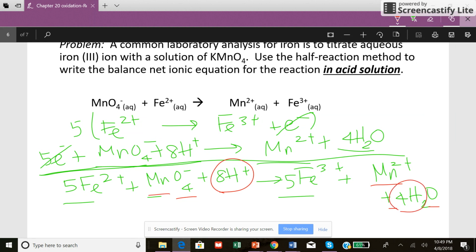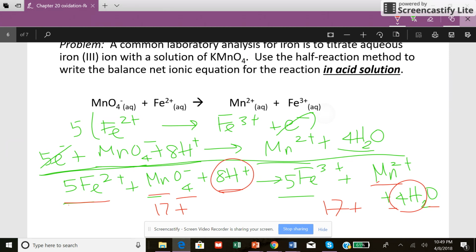Let's check the charge on this side. You have a total of 10 positive, 18 positive, minus 1, 17 positive. And then over here, you have 15 plus 2, 17 positive also.